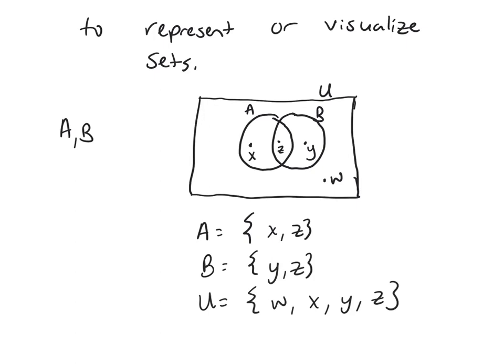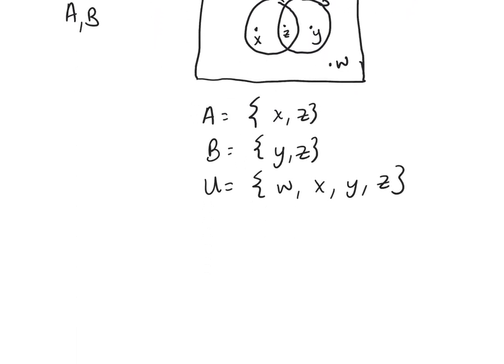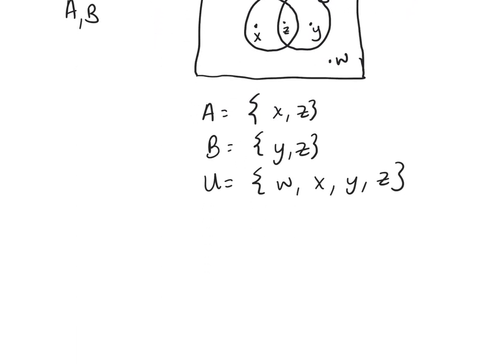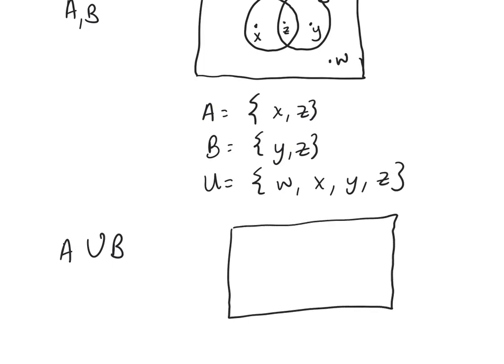And so now what we're going to do is we're going to take our set operations and represent them with Venn diagrams. So let's start with A union B. What would the Venn diagram for A union B look like?